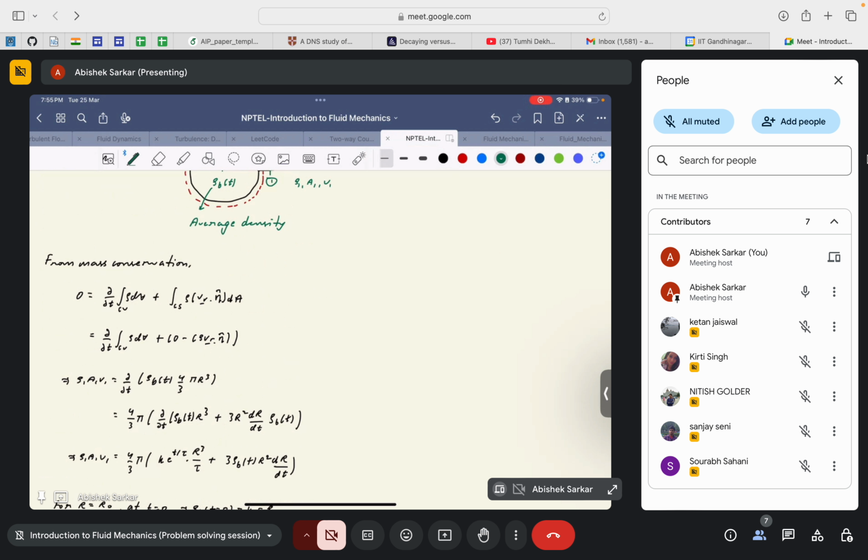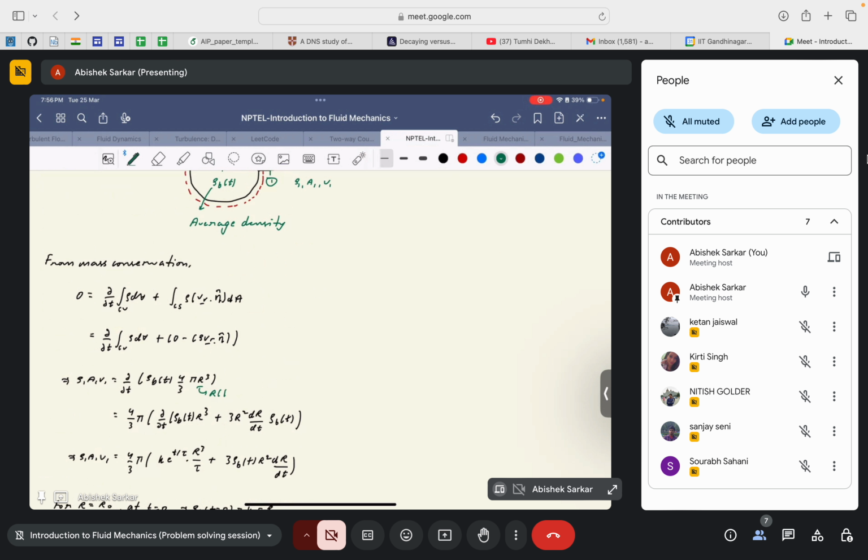Okay, because if density has no spatial dependence, then density can be taken out of this volume integral, and then the volume integral of dV would be just the volume of the entire sphere, this 4 by 3 pi r cube. And again remember, r is a function of time. I will just mention it so that there is no confusion.